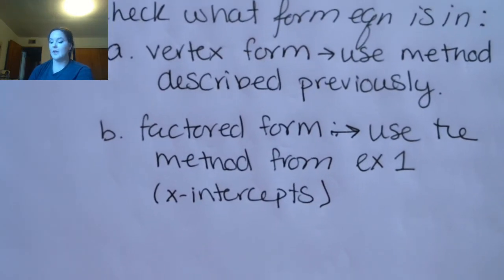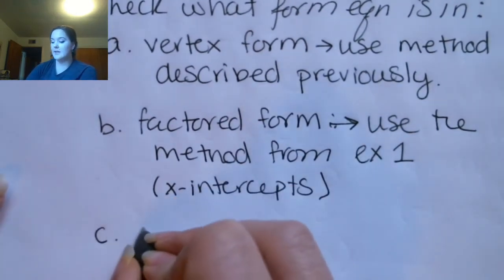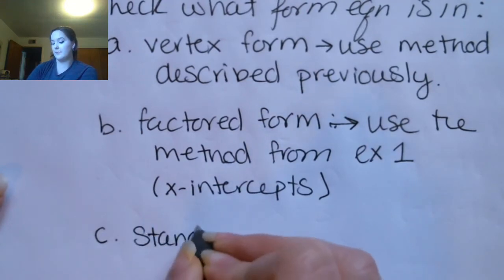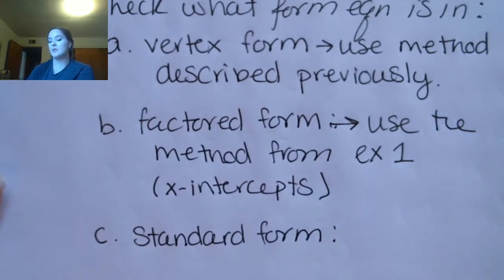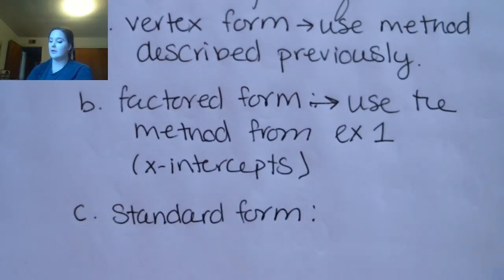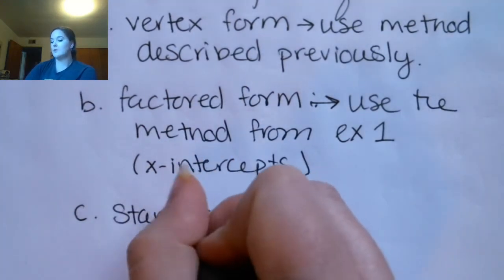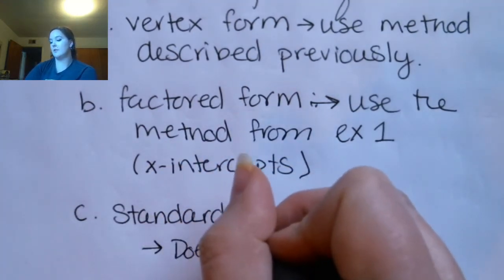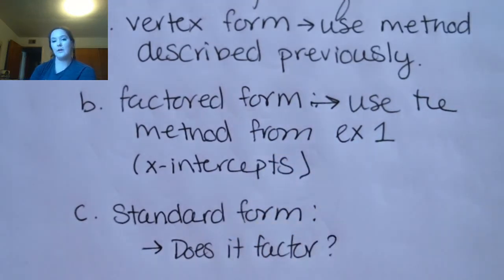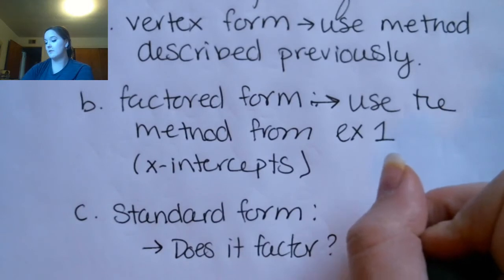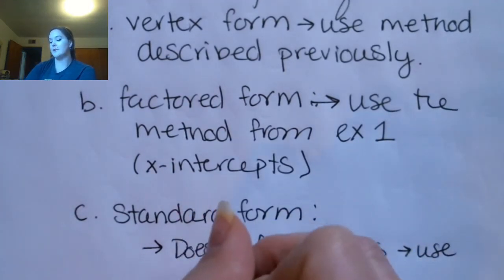And then the last thing that could happen is it's in standard form. This is the trickiest one, so then you have to ask yourself some questions. Does it factor? If it does, then I would say you want to use x-intercepts.